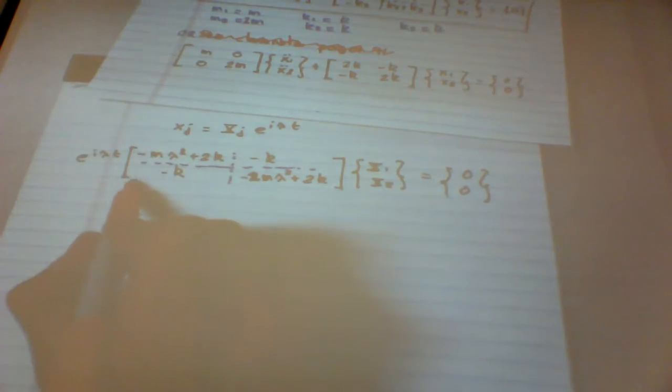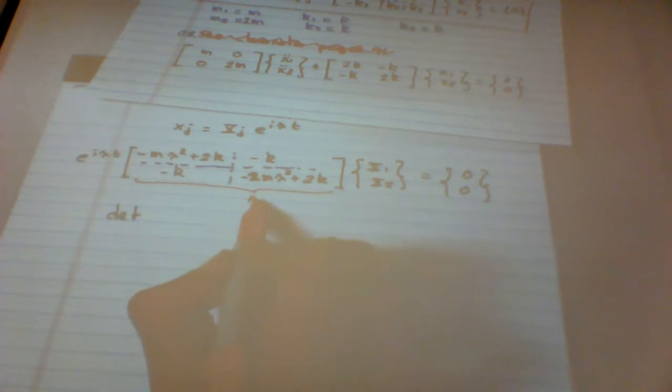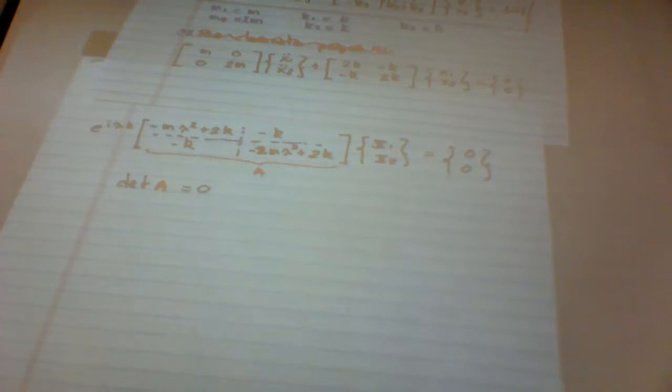The determinant of all this stuff will be equal to 0, no? So what does that mean? Going a little bit faster.